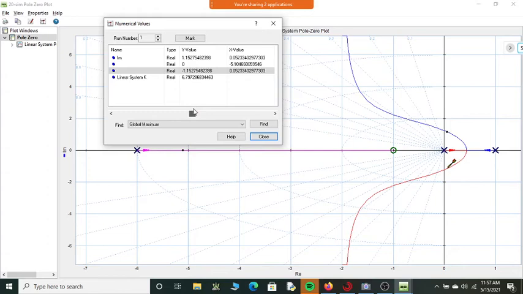Can you see the K value? Can you see it's 7.24? It is still to the right. Can you see here? They are now to the left. See here, 7.6. At exactly 7.5, they are on the imaginary axis. Anything more than that, the system is stable.